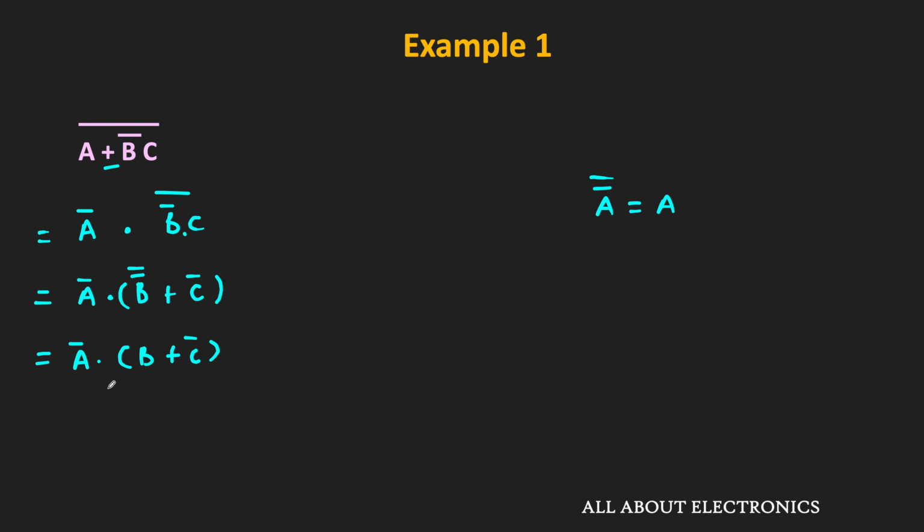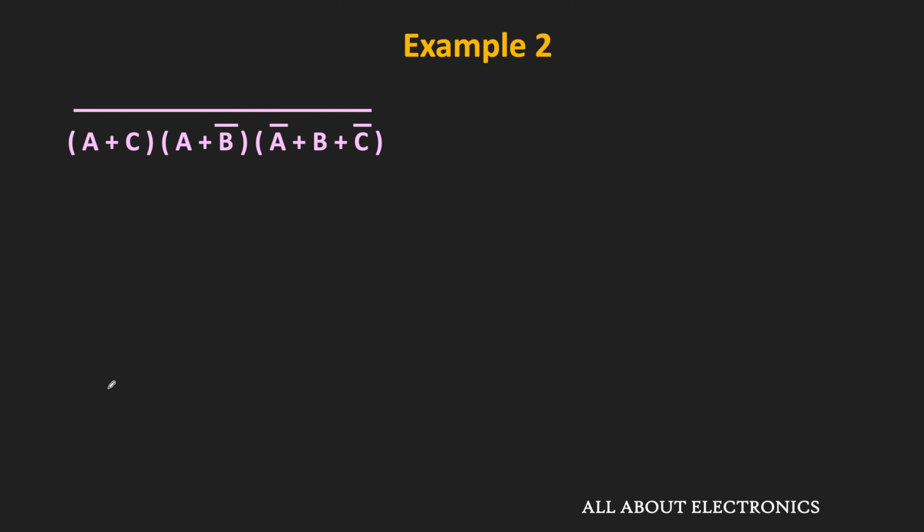Similarly, let us take the second example. In this example also, we will follow the same procedure. That means first, we will break this bar and give it to the individual group. That means this A plus C can be written as this A plus C whole bar. Likewise, this A plus B bar can be written as A plus B bar whole bar.